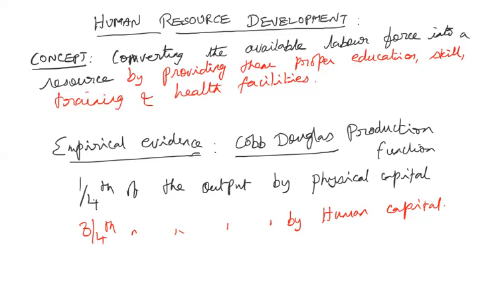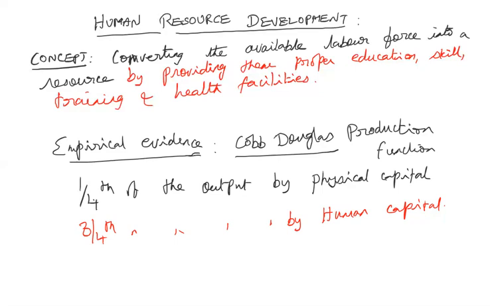That is again because they have better health, education, training and all those facilities. So for countries like India, on the one hand we are supposed to control the growth of population. At the same time, production in the country also has to keep on increasing. So what is the solution? With the available labor force, the productivity should keep on increasing, isn't it?